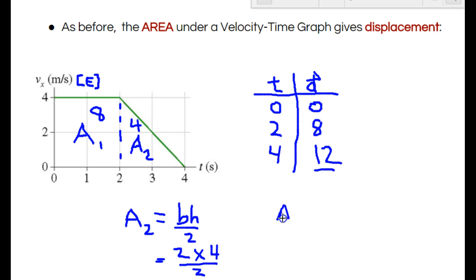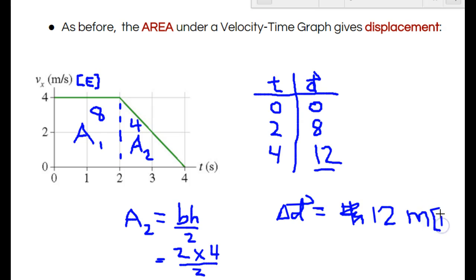My change in position from 0 all the way to the end of the time interval, the 4 seconds, happens to be, my bad, 12 meters rather. And since we said it was in the easterly direction, I've moved 12 meters east.